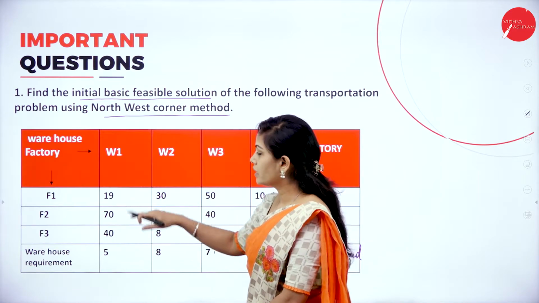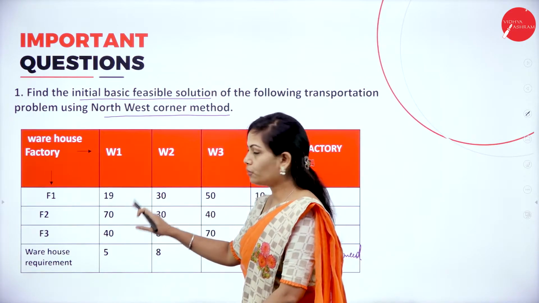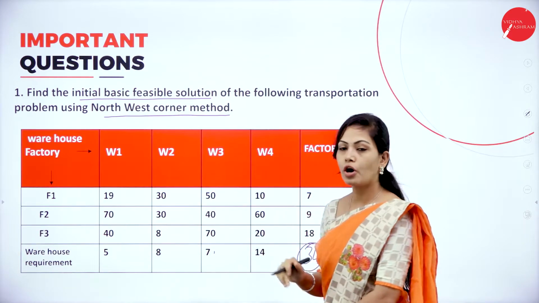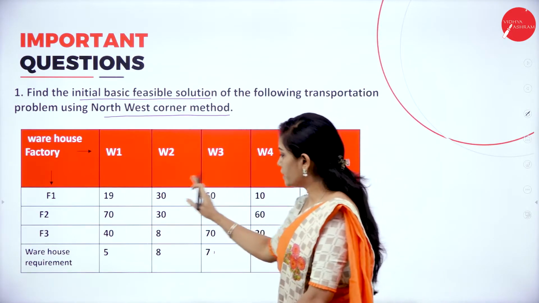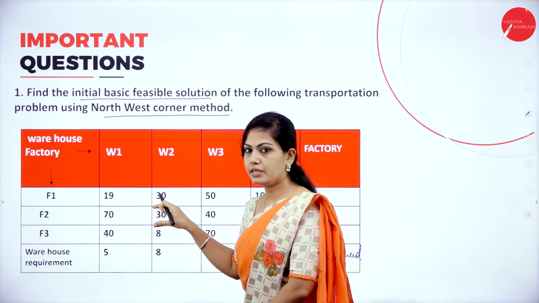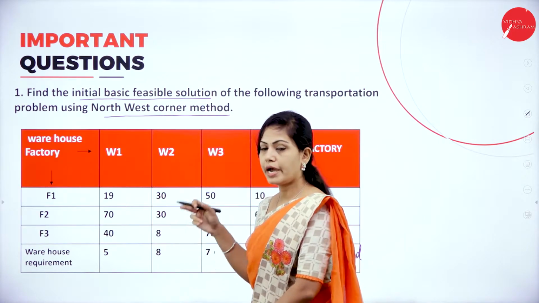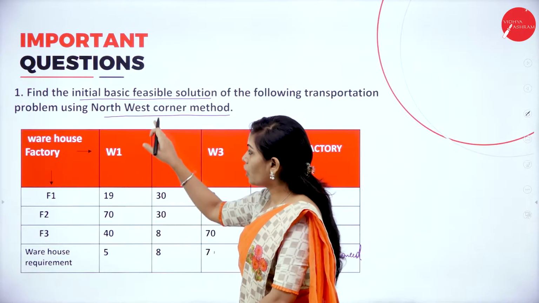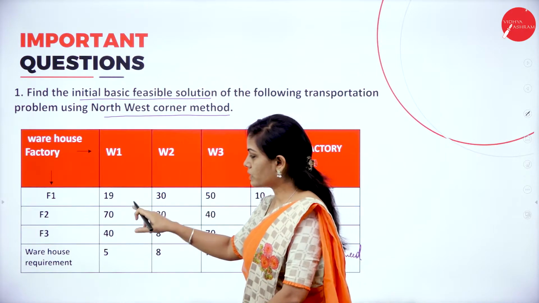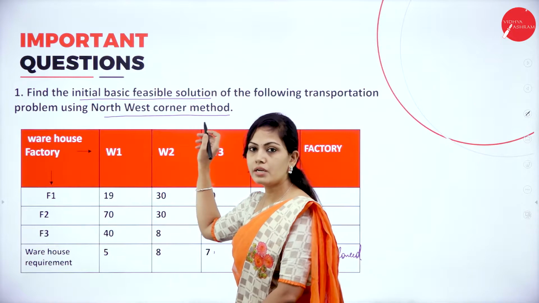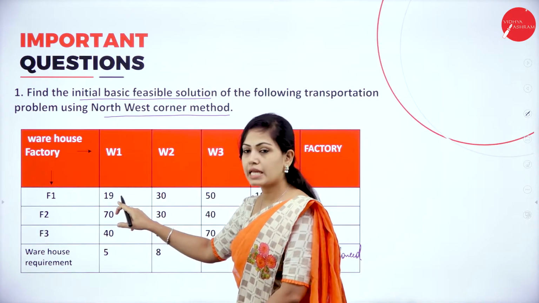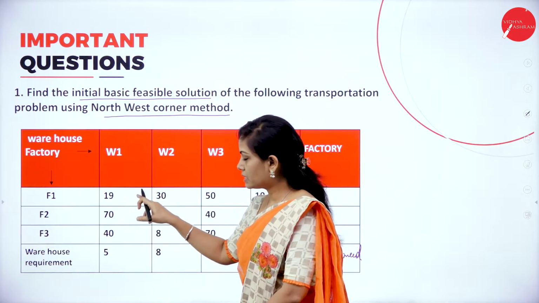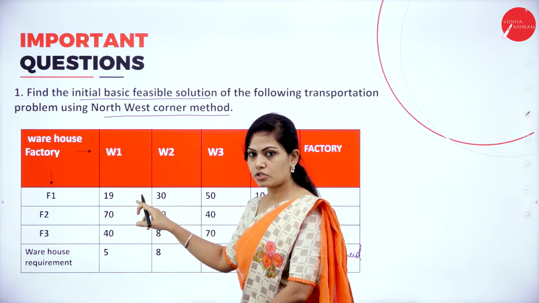You have to select first row, second row, third row value and first 4 columns value. So out of this, which is a north corner cell here, I mean left corner value is 19. So in northwest corner method, you have to select the north corner cell. North corner cell is 19. I will consider this 19 is a north corner cell.